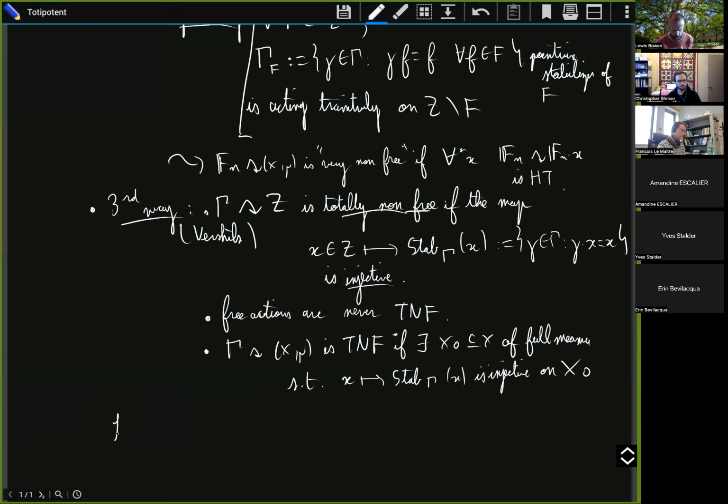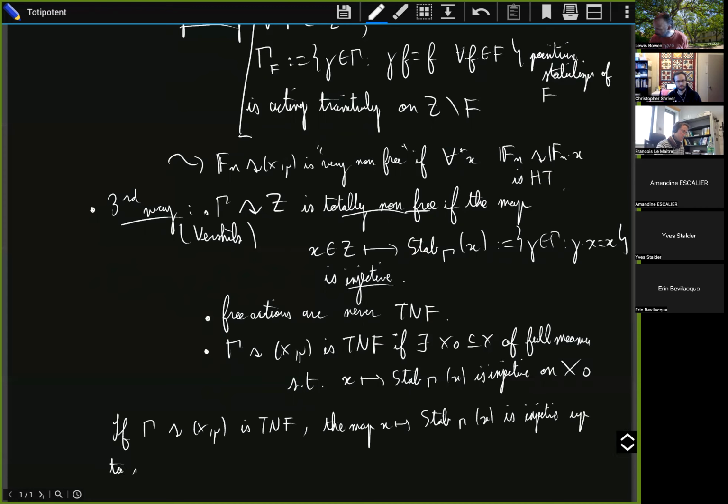So if gamma acting on x mu is TNF, then the stabilizer map is injective, up to measure 0. But it is more than an injective map.